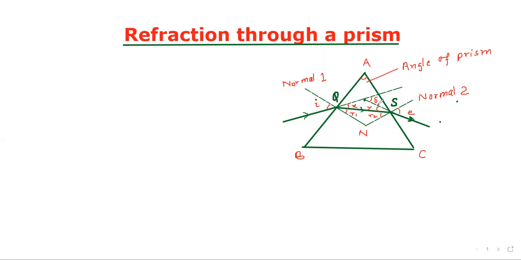Now we have to derive the relation between I, E, angle A and R1, R2. So let's see here in quadrilateral AQNS. Angle AQN is 90 degrees, equal to angle ASN, equal to 90 degrees. Now we apply the angle sum property.